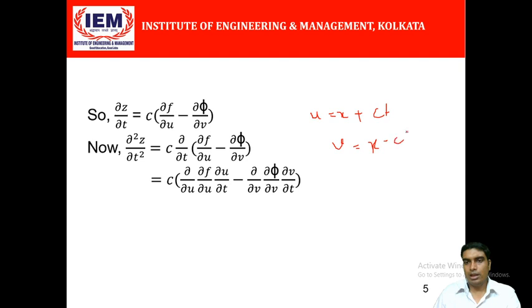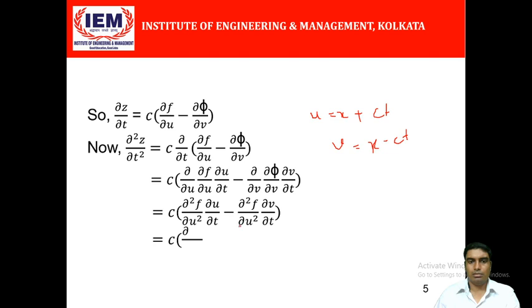So again you can put these two values: ∂u/∂t equals c, and ∂v/∂t equals negative c. So again c will be here and negative c will be here. So negative negative is positive. So ultimately I'll get ∂²f/∂u², and this term will be c, and here it will be negative of c.